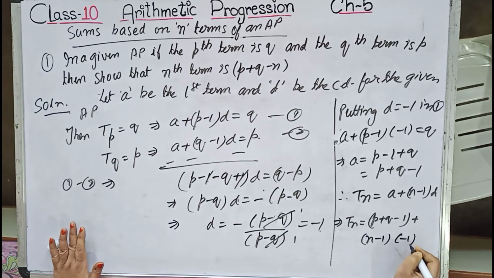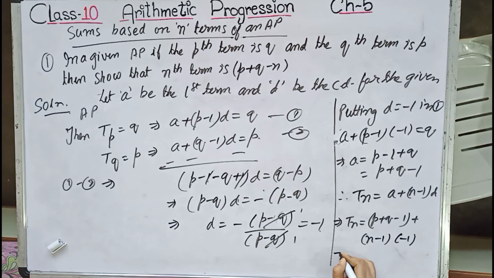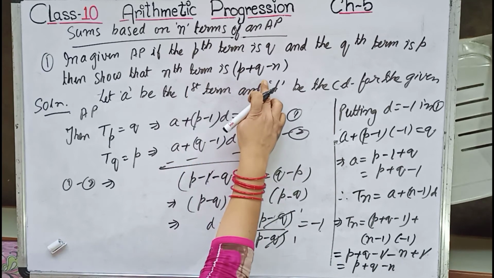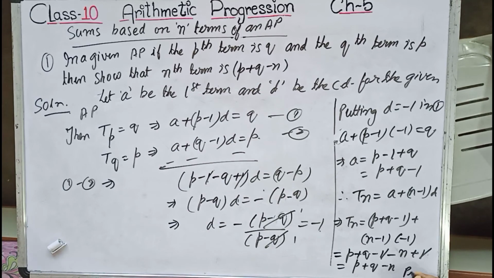D value is minus 1. So let us expand it. p plus q minus 1 minus n plus 1. This 1 will be cancelled and we are getting p plus q minus n. And hence that is what we had to prove. Proved. Do it on your own, you can do it.